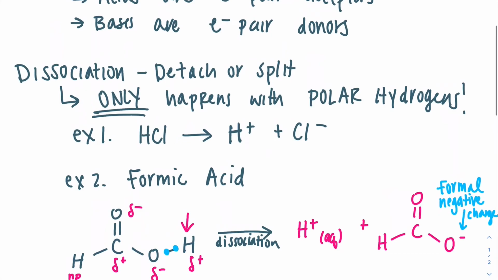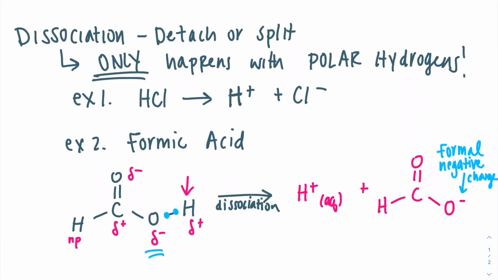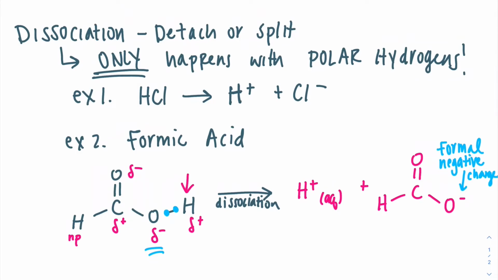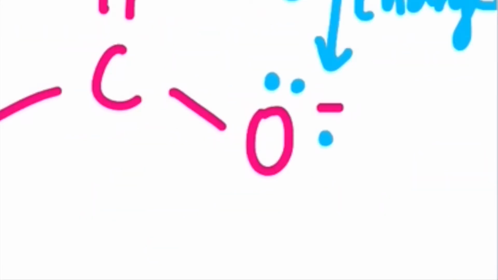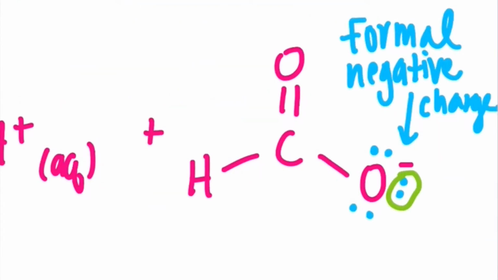So you might be asking yourself, what about the Lewis model? I'll just talk about that really quickly so you can see. In the Lewis model, acids are electron pair acceptors, and bases are electron pair donors. So if we put the electron pairs, pair meaning 2, around our negatively charged oxygen here, it has an electron pair that it can donate to a bond.